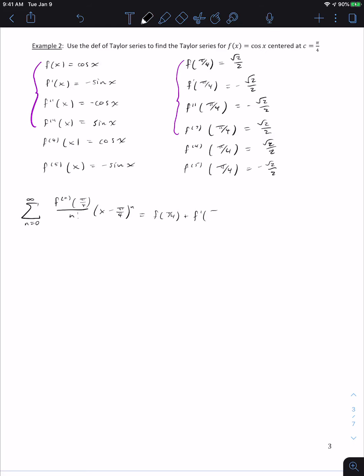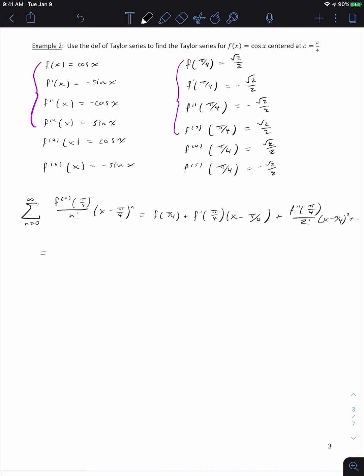F prime at pi over 4 times (x minus pi over 4) to the first power, plus f double prime at pi over 4 over 2 factorial times (x minus pi over 4) squared, and so on.